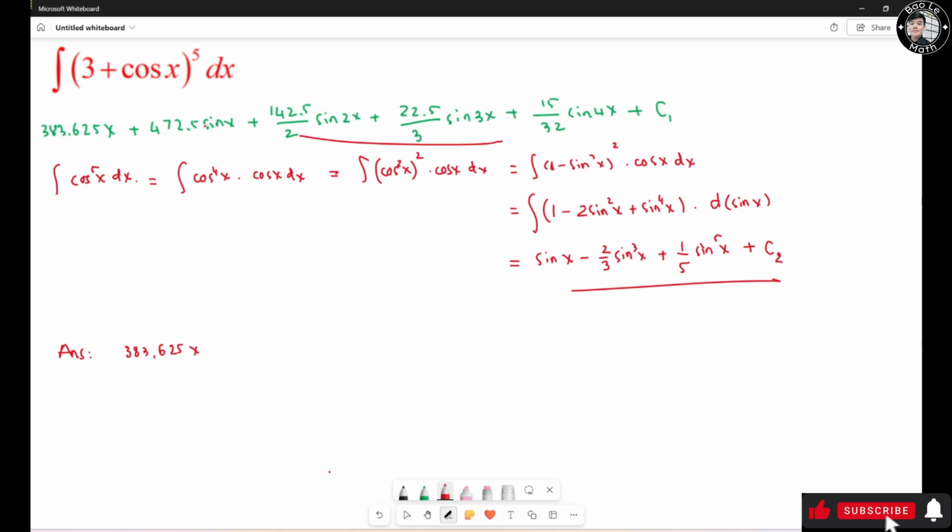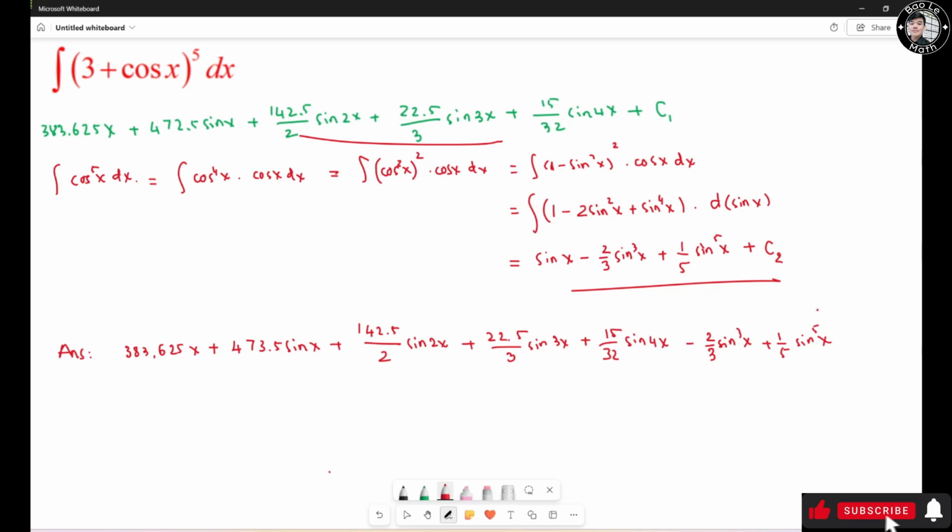Now 472.5 plus 1 is going to be plus 473.5 sine x plus 142.5 over 2 sine 2x plus 22.5 over 3 sine 3x plus 15 over 32 sine 4x minus 2/3 sine cubed x plus 1/5 sine to the 5th of x.